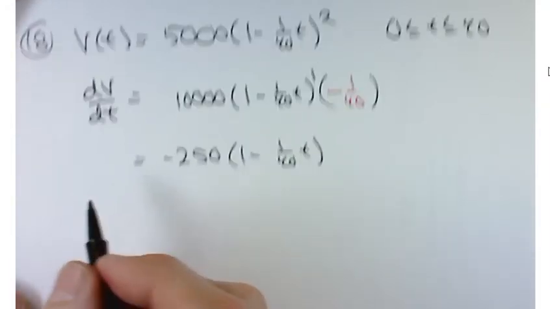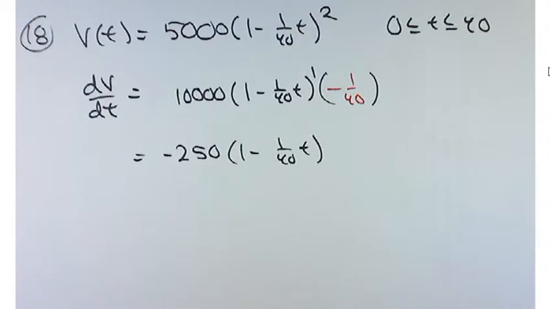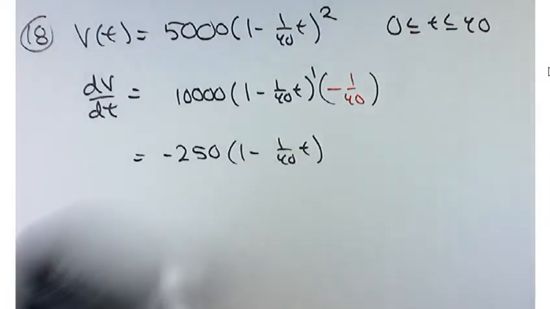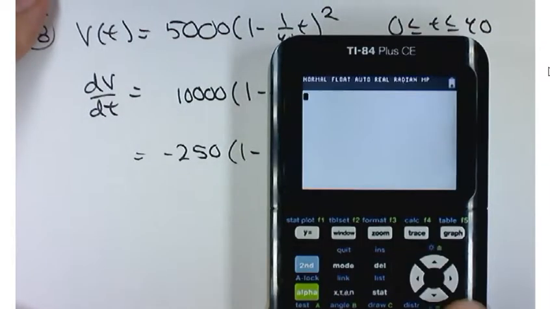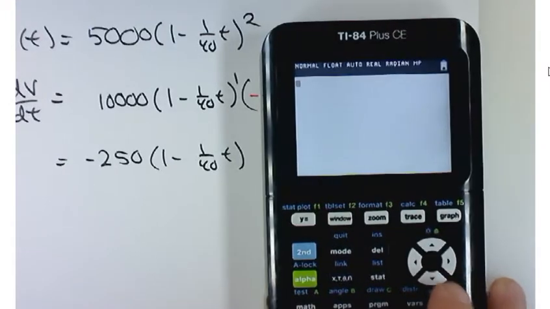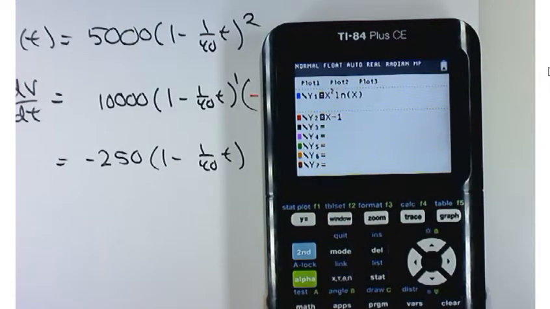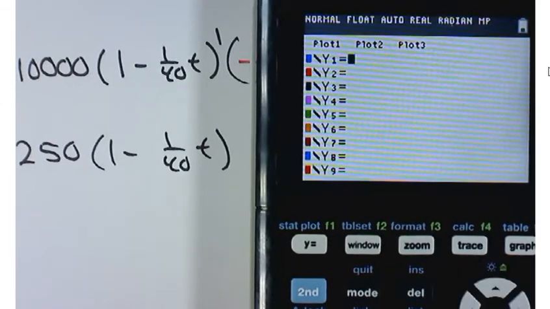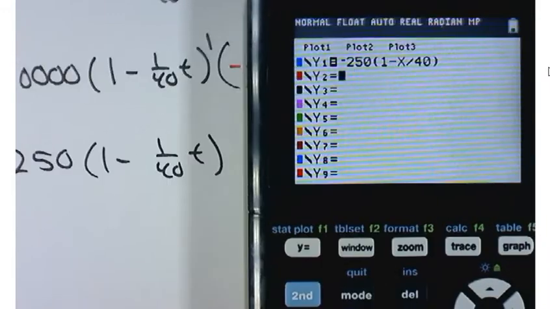Now they ask for the rate of flow at 5, 10, 20, and 40. Here's what I do. I wouldn't be inclined to type that in by hand repeatedly, so I'll plug that into Y1 on my calculator. I'll get rid of a couple other formulas there. So negative 250, parentheses, 1 minus x divided by 40, like that.